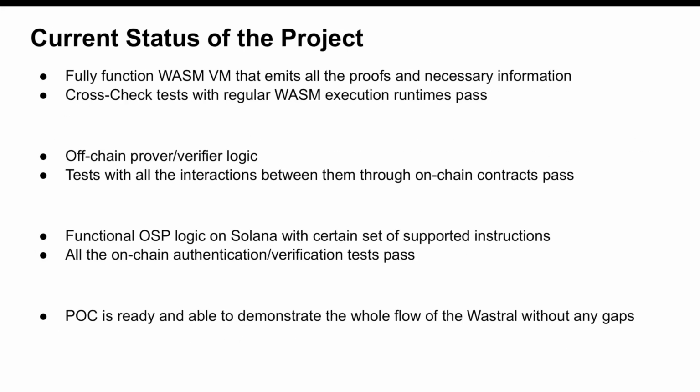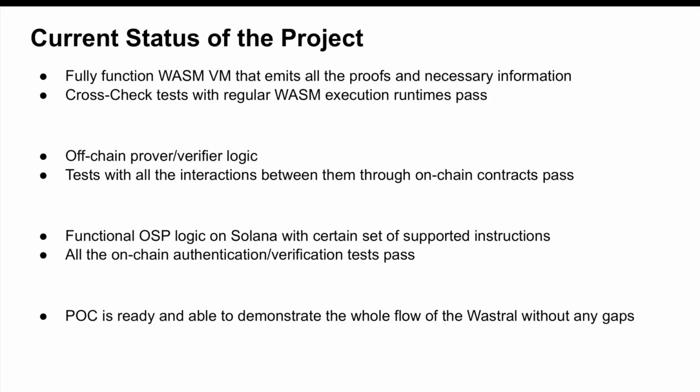So as you can see here, the current status of the project is like this. I have a fully functional WebAssembly virtual machine that emits all the proofs and the Merkle roots, Merkle trees, subtrees, everything we talked about. And I did some cross-check tests with the regular WebAssembly execution runtime.